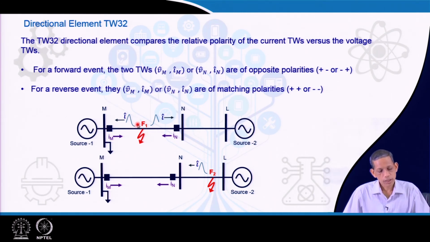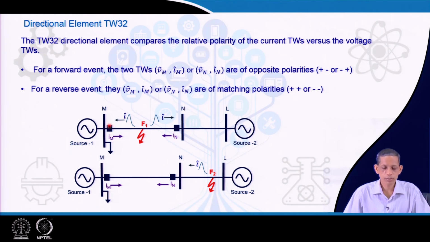Let us consider, as already mentioned, this internal fault case, the current wave propagates this way and this way as travelling waves. So, at this point this wave will be seen as a negative value and this wave will also be seen as a negative value, but the associated voltage will be positive. So, voltage will be seen as positive here, current due to direction will be seen as negative.